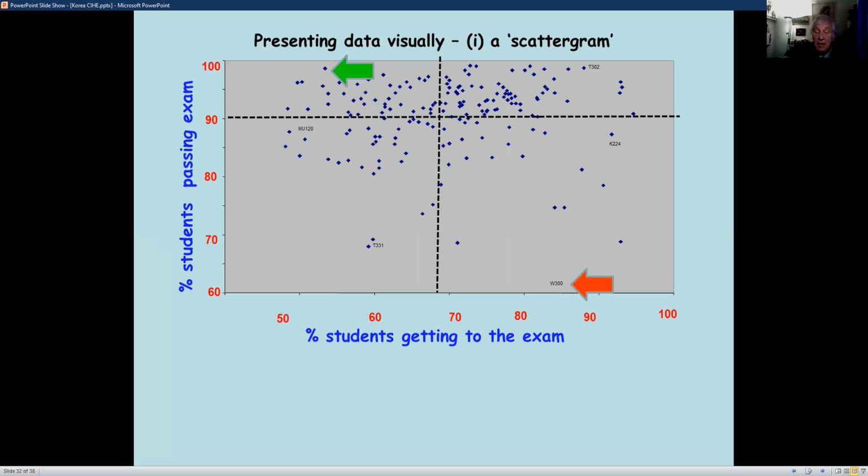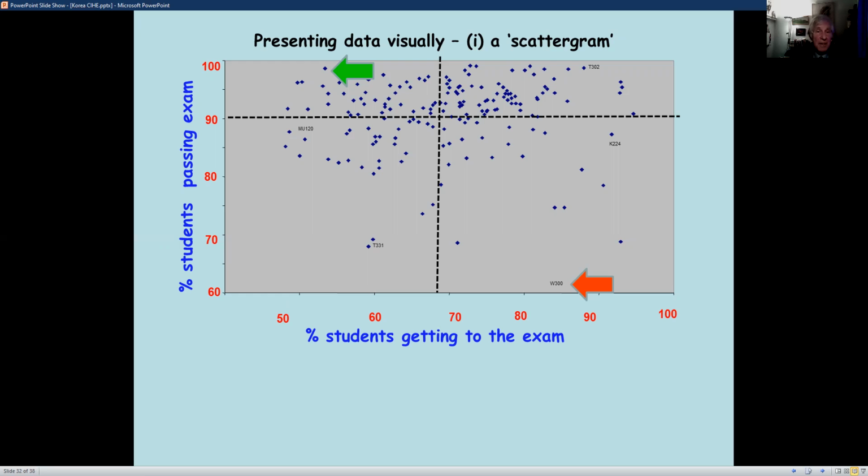Only about 60% actually pass the module. So a lot of students get as far as the exam, but then fail it. This might suggest that compared with other modules, it doesn't prepare students for the exam as well as it should. Or perhaps the exam is not a fair assessment of what the students have been taught.